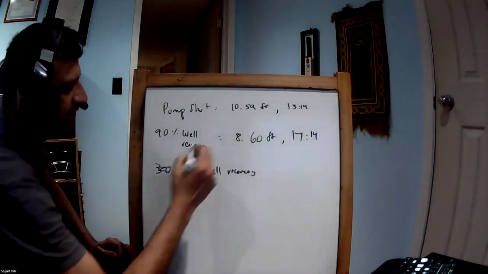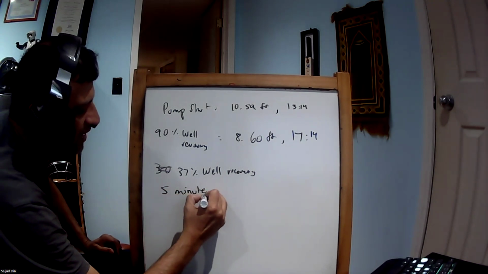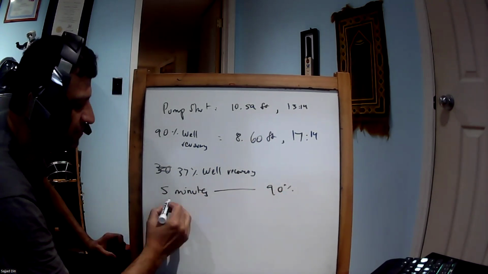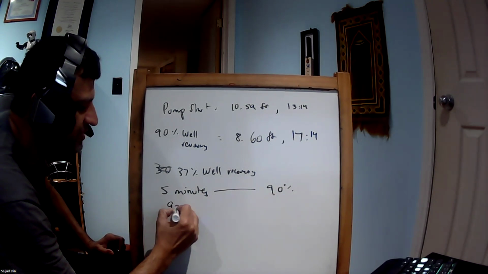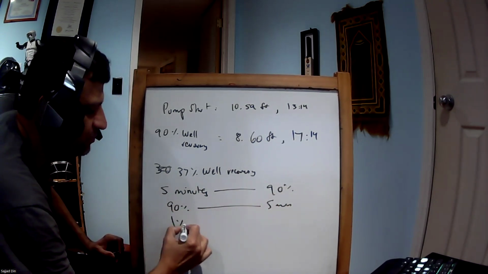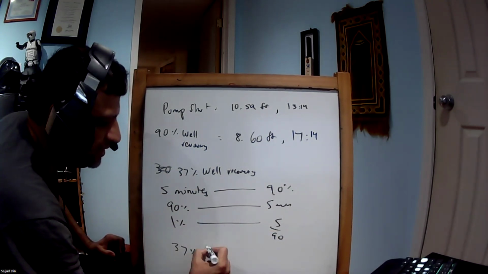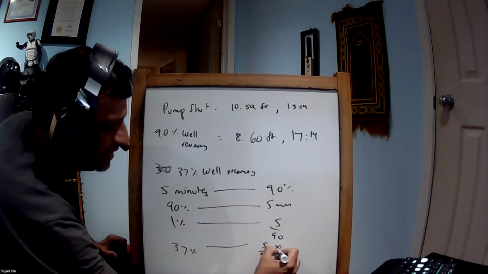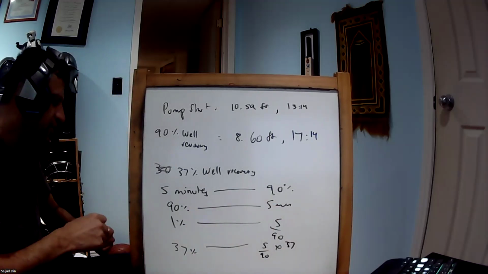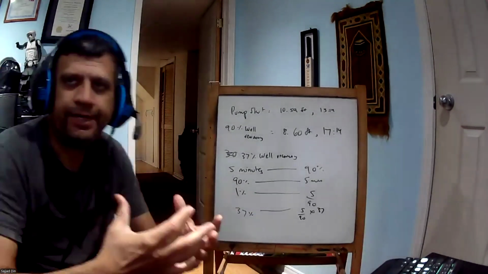I mean, you can say it was 5 minutes to 90%. So you can use this type of an estimate, or 90% was achieved at 5 minutes. 1% would be achieved at 5/90. So 37% would be achieved at 5/90 times 37. That'll give you the minutes. Or you can do a mini graph.